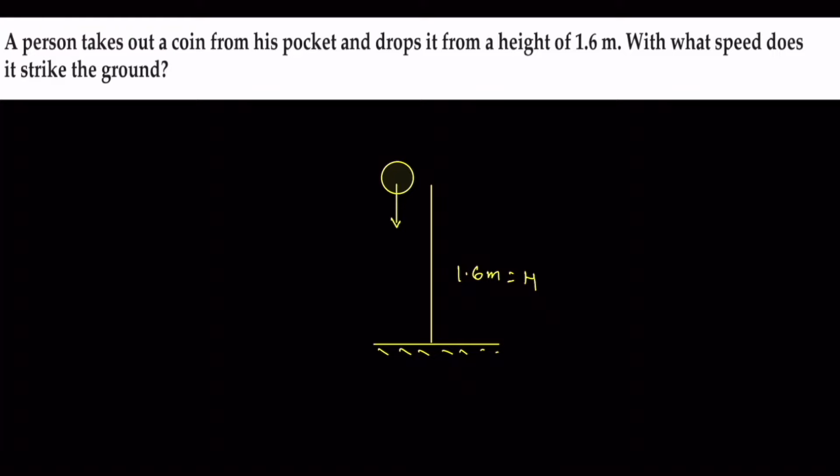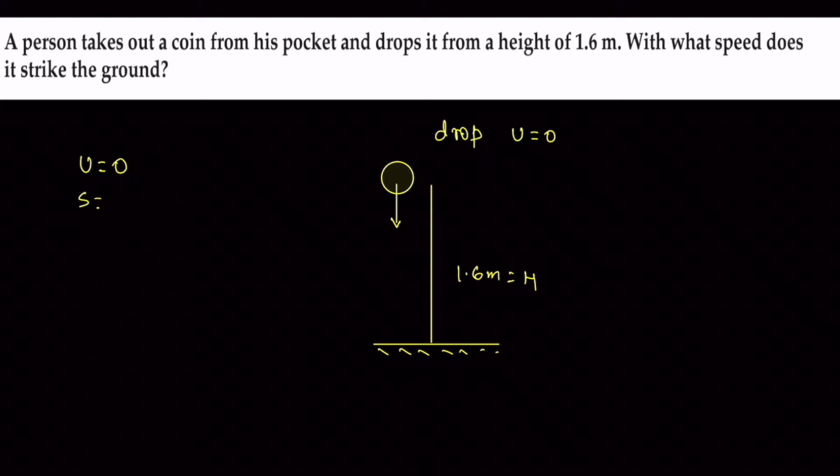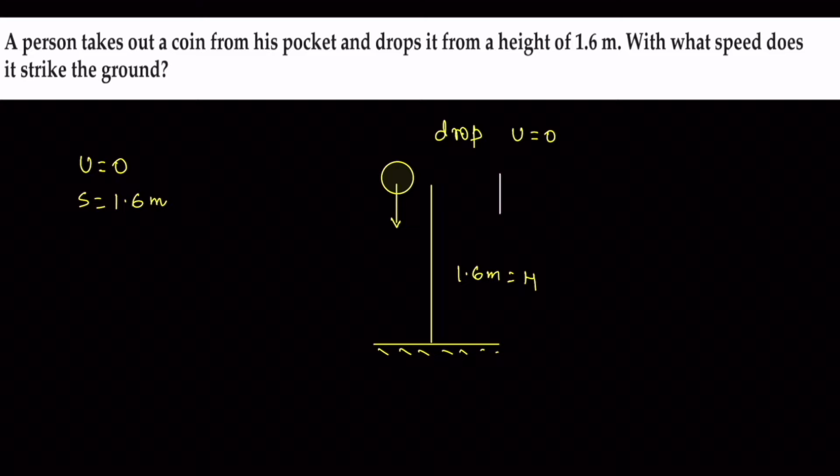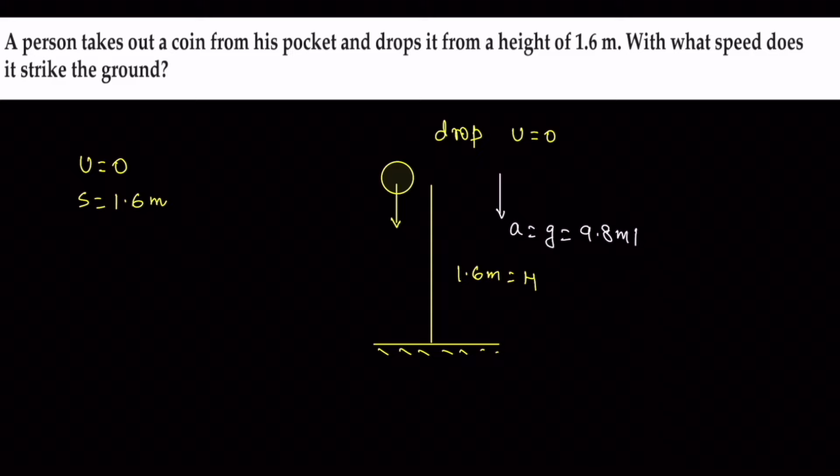When the body is dropped, the initial velocity is always 0. Distance is 1.6 meter, and we know that the acceleration due to gravity is always in the downward direction. So a is equal to g, and its value is 9.8 meter per second square.